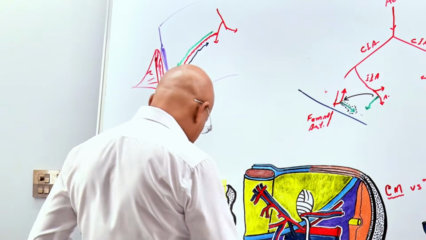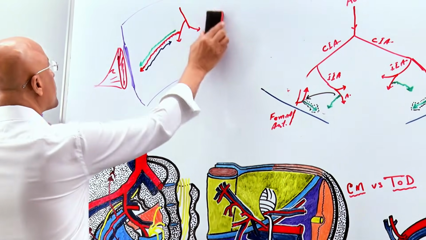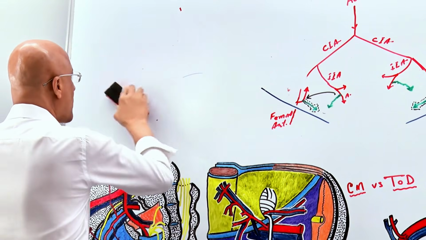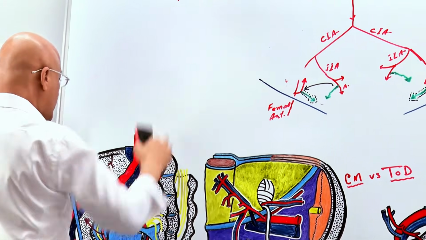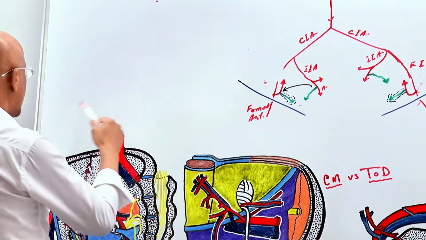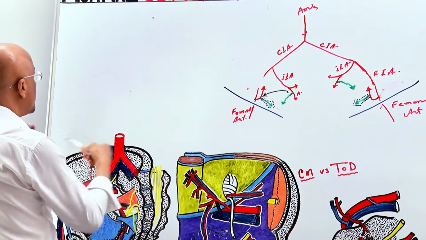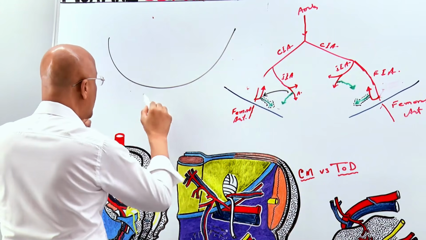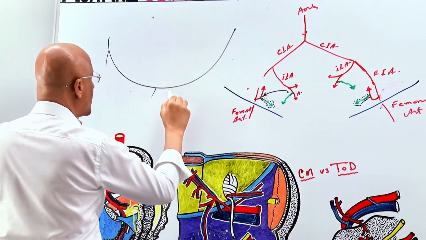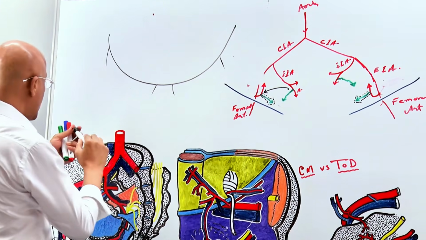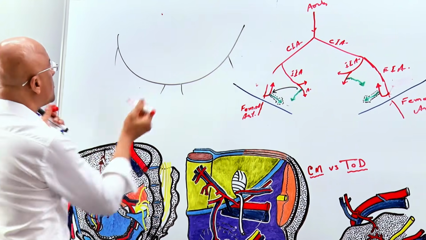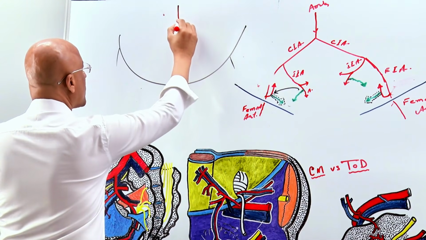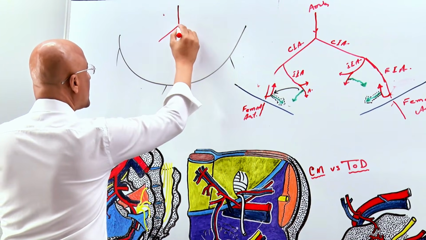Wow. Let me make a simple diagram. This happens to be your pelvis, right? You must have legs and something in between the legs. So what I was talking about: the aorta was here. What was here? Common iliac, yes, sir.